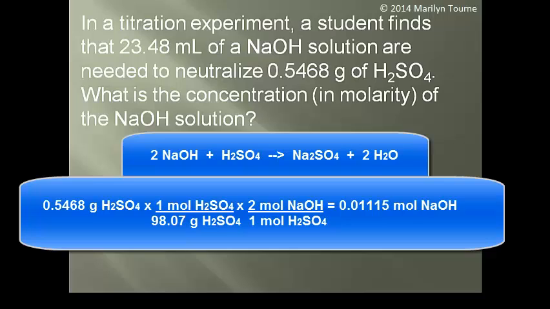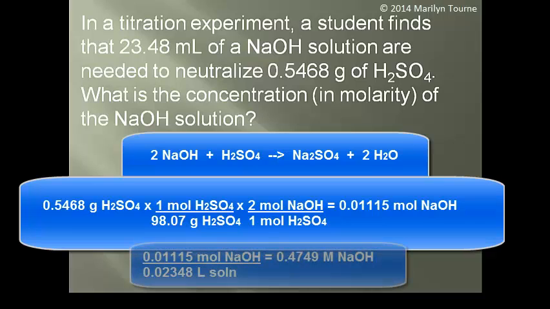It's 23.48 milliliters, but for you to use that answer, which by the way was 0.01115 moles of sodium hydroxide, you have to make sure that you put the volume in the correct unit. It's in milliliters, so you've got to change it to liters, which of course would make it 0.02348 liters.